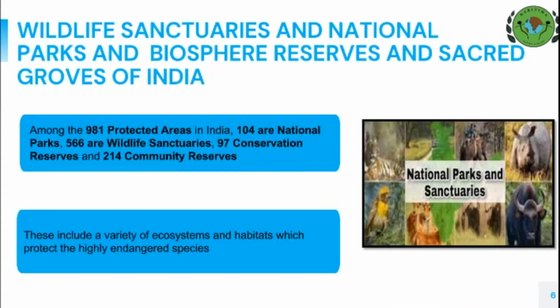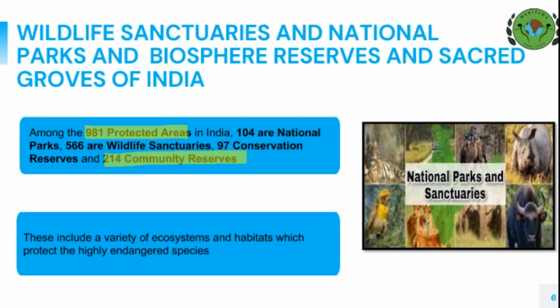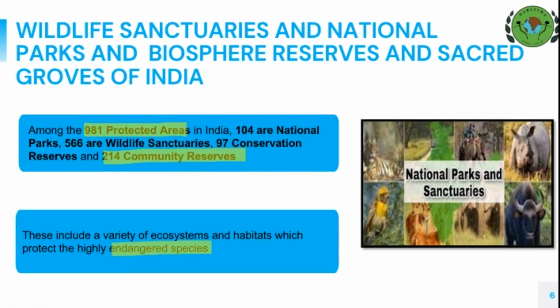Now, wildlife sanctuaries, national parks, biosphere reserves, and sacred groves of India. We know that there are 981 protected areas in India, and among them 104 are national parks, 566 are wildlife sanctuaries, 97 are conservation reserves, and 214 are community reserves. This includes a variety of ecosystems and habitats which protect highly endangered species.